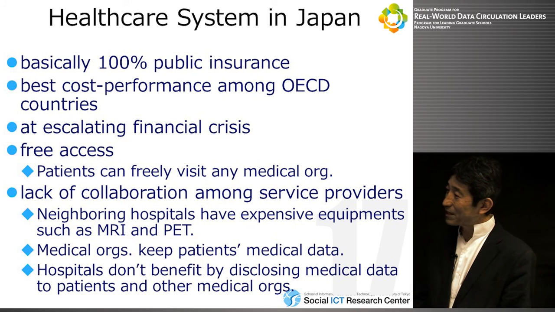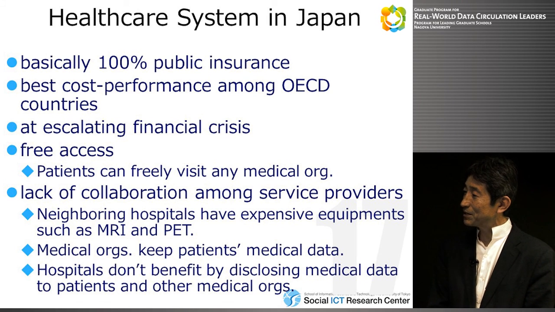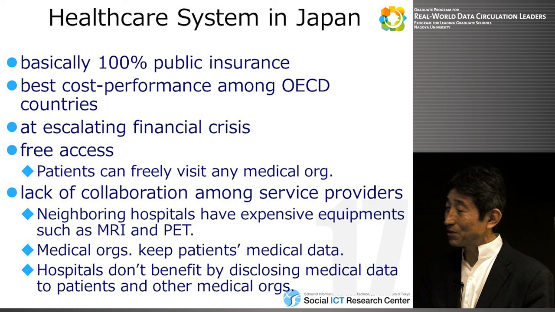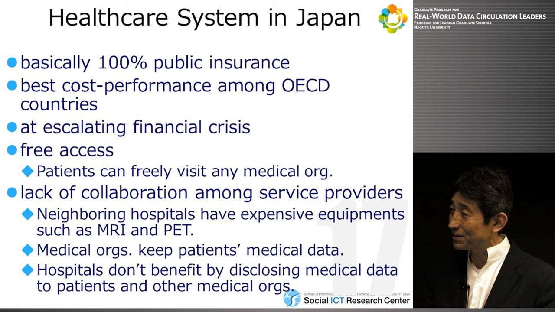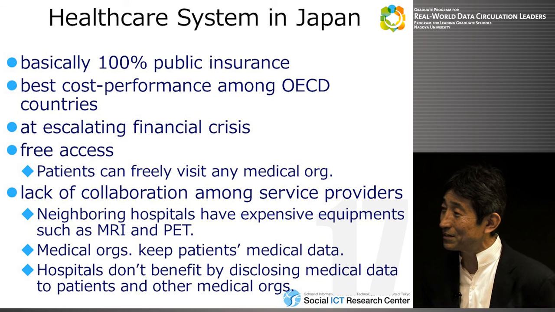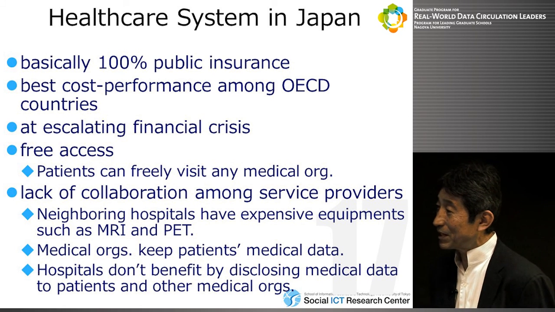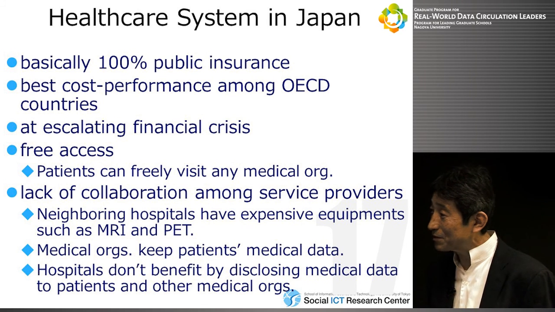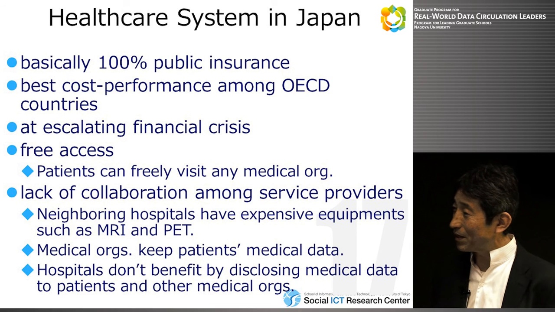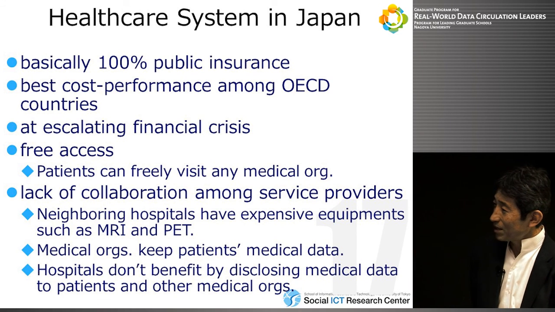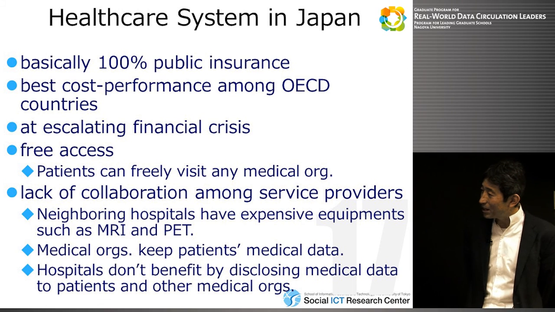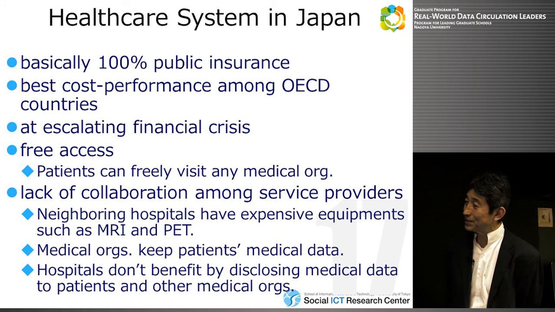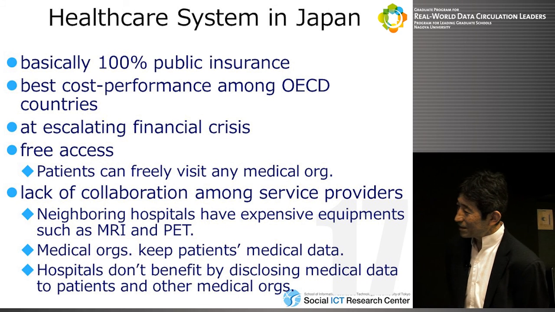And another thing is that medical organizations like hospitals keep patients' medical data, which may not be the case in many different countries. For instance, in China and India and Indonesia and Thailand, in most cases, medical data are kept by patients rather than medical organizations, at least so far. And related to this, hospitals or clinics don't benefit by disclosing medical data to each other and to patients either.